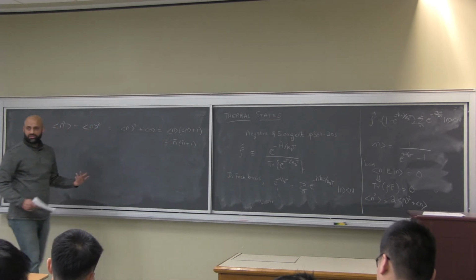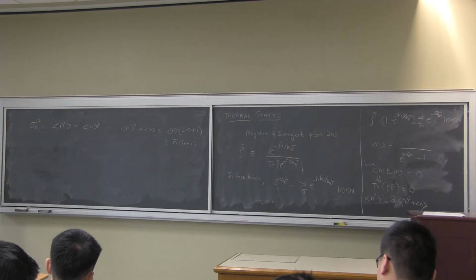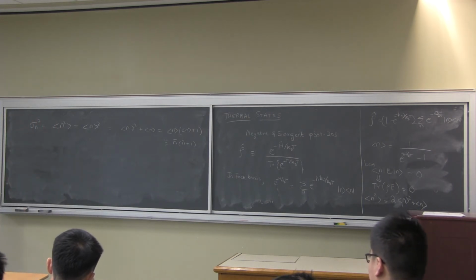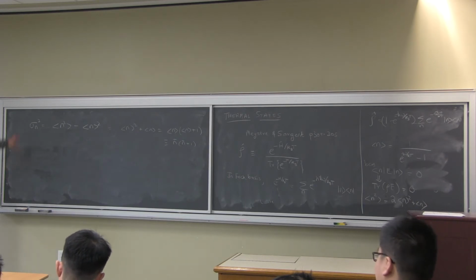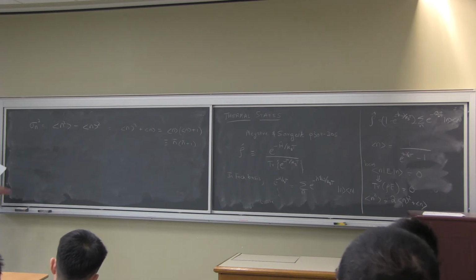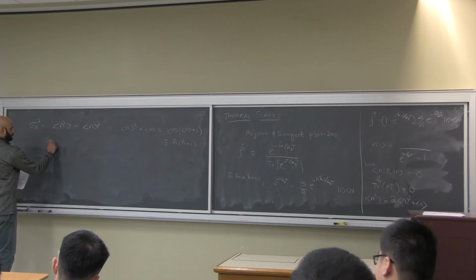Remember, for a Poisson distribution, which I stated without proof but you should all be familiar with, sigma n squared is always equal to n bar, or the standard deviation is equal to the square root of n bar, which is just taking the square root on both sides. So this is super-Poissonian statistics.